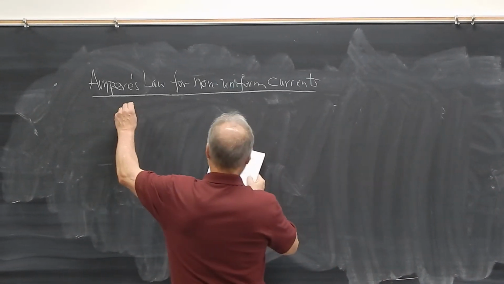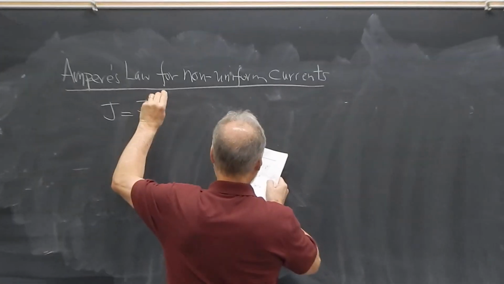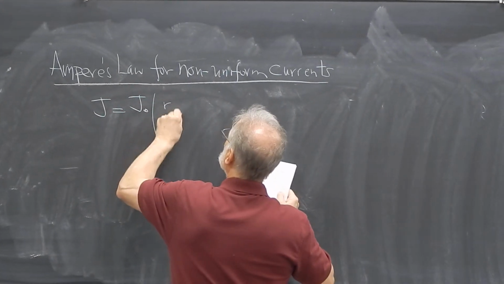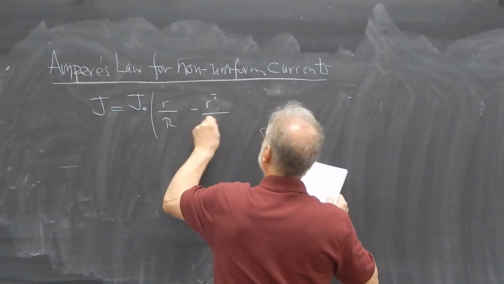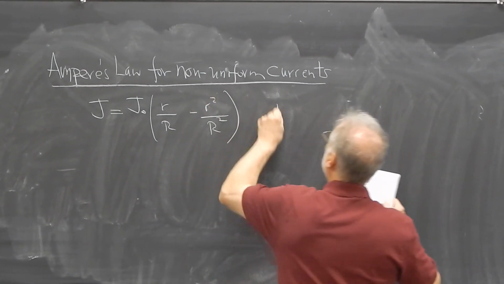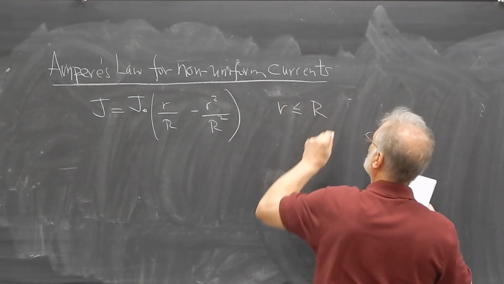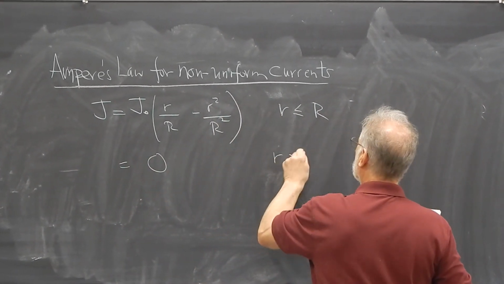So in this case, we're going to say that J is equal to some constant J naught times little r over R minus little r squared over big R squared for r less than or equal to R. J will be equal to 0 for r greater than R.